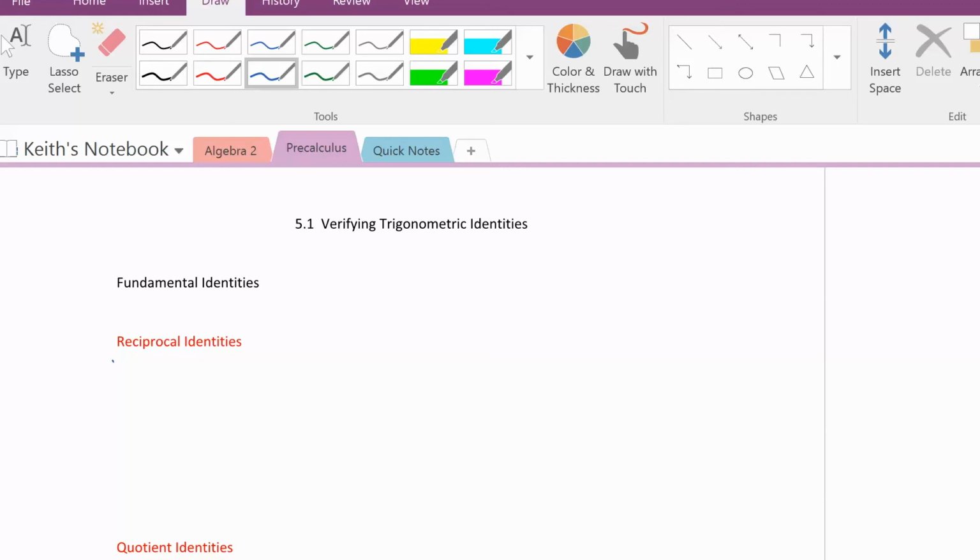The reciprocal identities, like the sine is equal to 1 over cosecant. Cosecant is equal to 1 over sine.